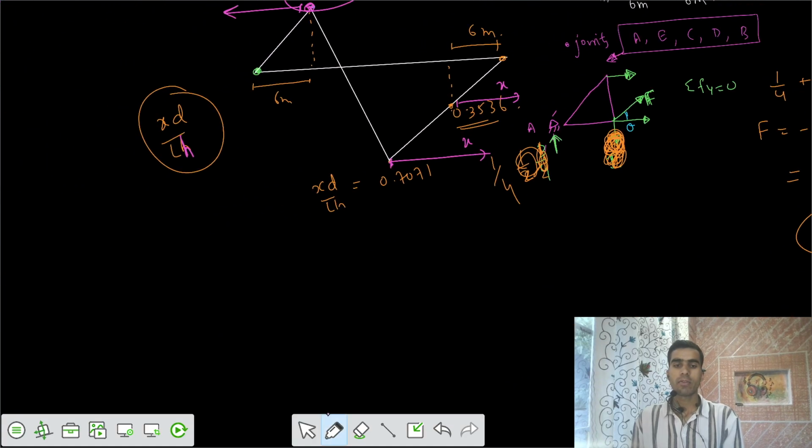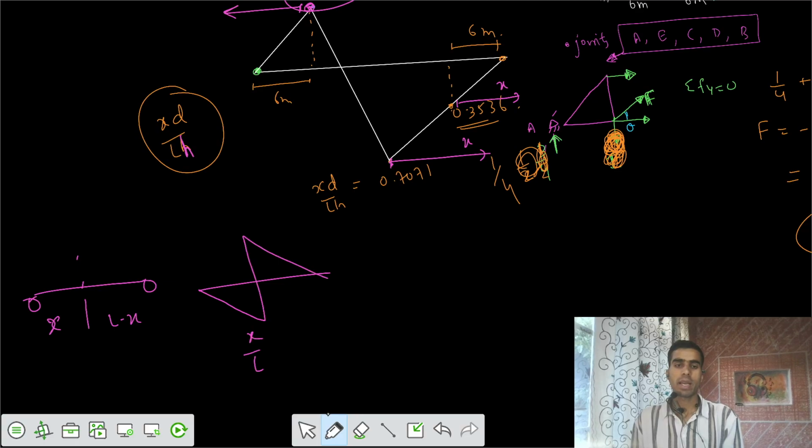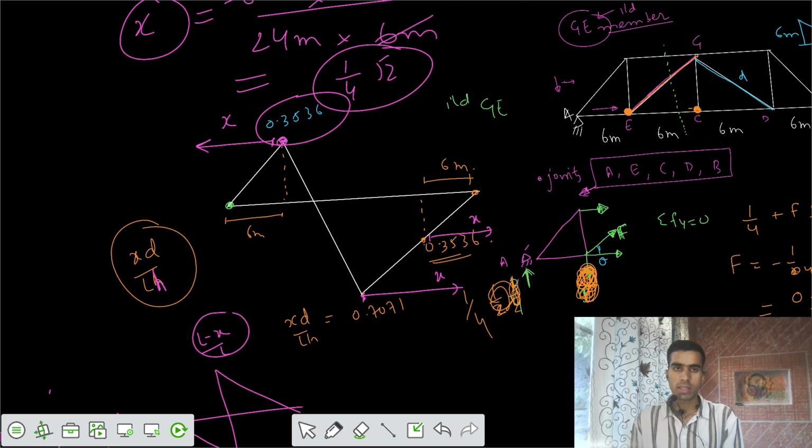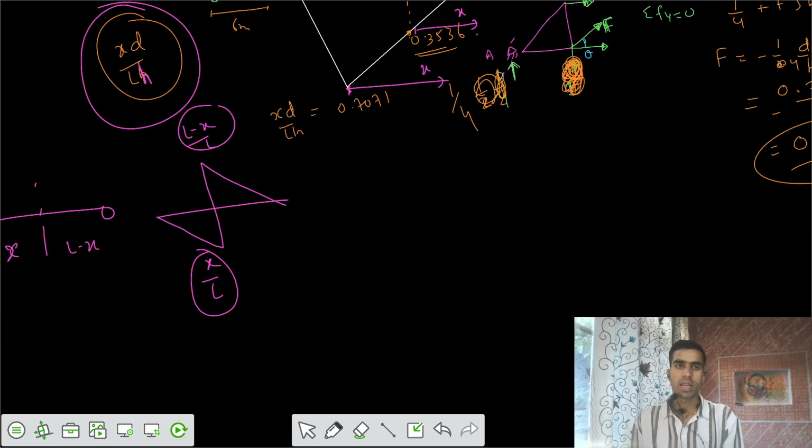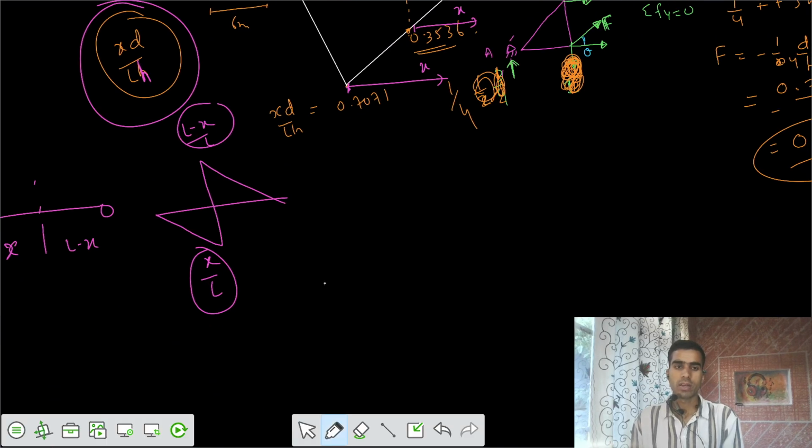It is similar to a simply supported beam, where you need the shear at any section. Let's say this is some section x, and this one is L minus x. The shear force ILD is in this way: x by L, and this one is L minus x by L. So this part is similar, x by L. In this equation we have xd by lh, with the factor d by h also here.